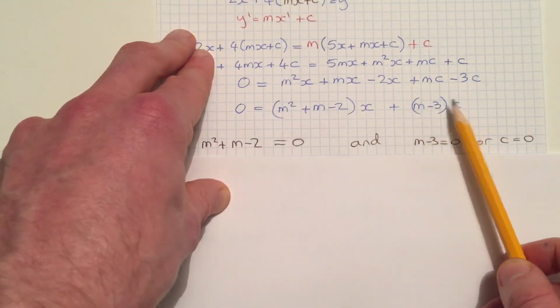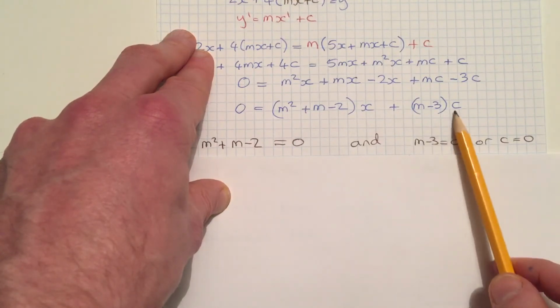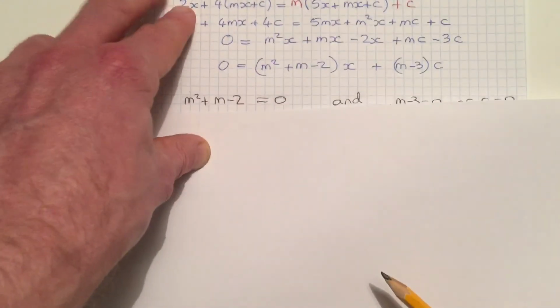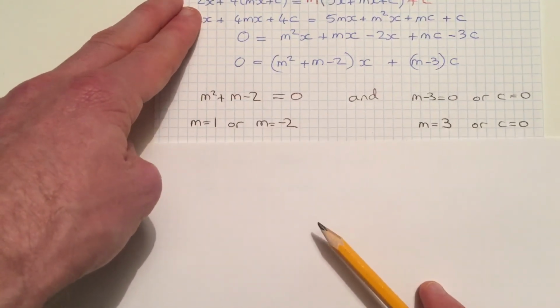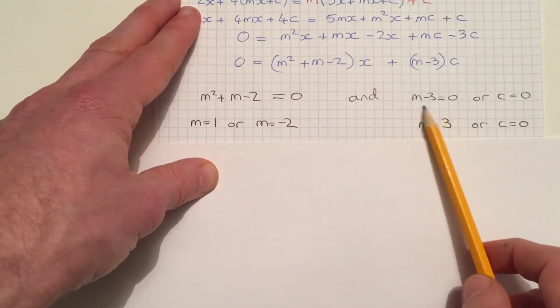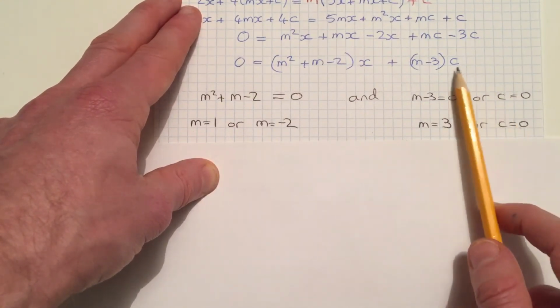And this bit over here has to equal 0, which can happen when either this equals 0 or this equals 0. Solving this quadratic here gives me those two solutions. Solving this linear equation gives me m equals 3, and like I said before, c could be 0.